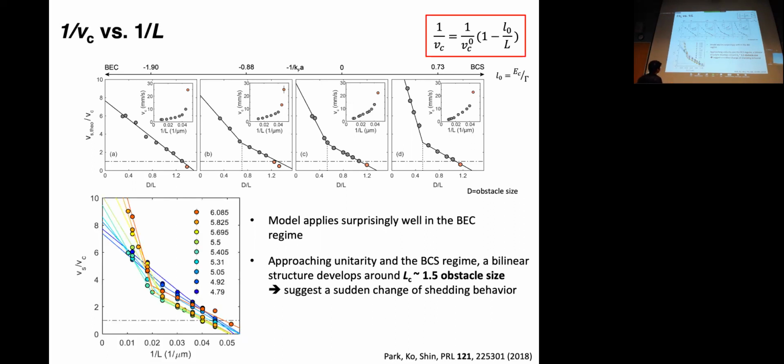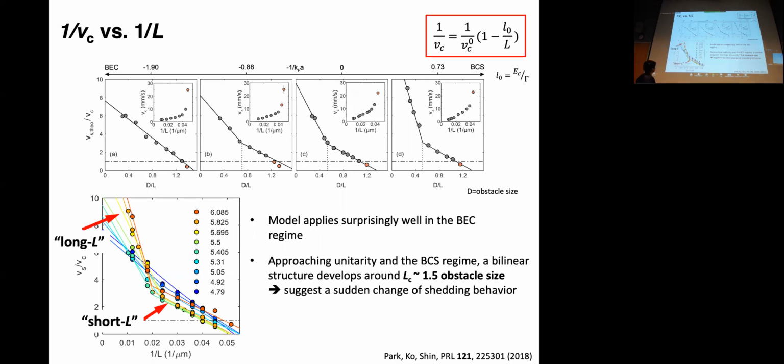From this observation, we conveniently separate the two regimes of vortex shedding modes and call this the short L mode, or the short L response, because we're plotting 1 over L, and the long L response, or long L branch of vortex shedding.